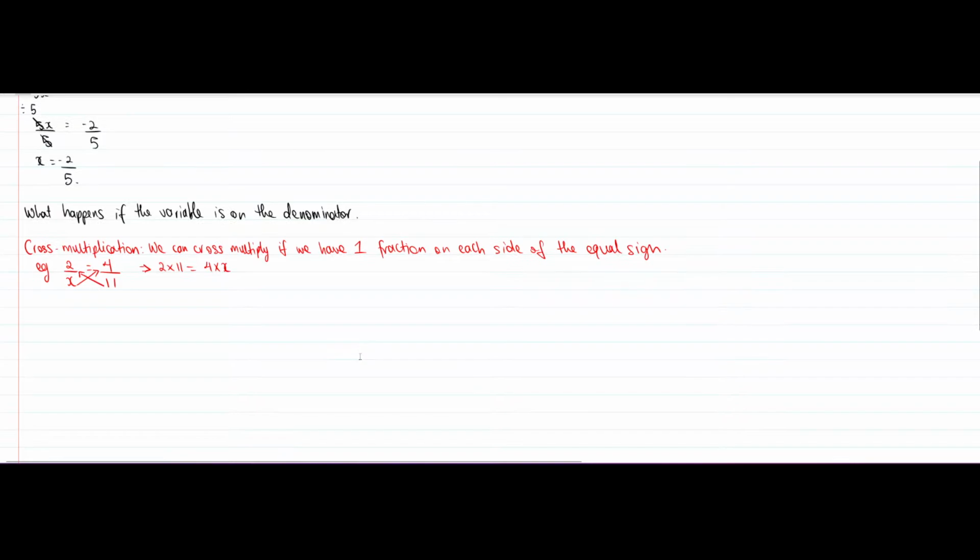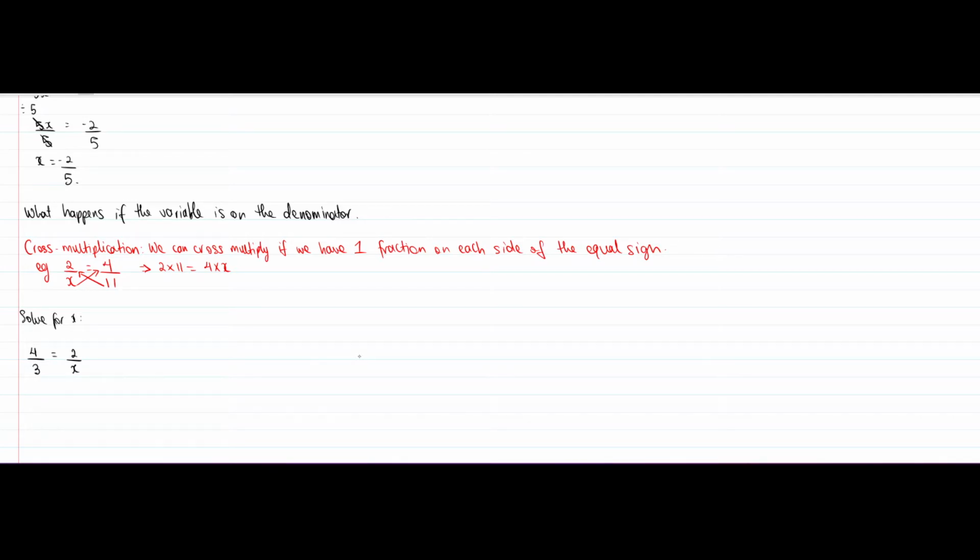So let's perform an example where we have to solve for x. Let me say I have 4 over 3 is equal to 2 over x. First thing I notice is the variable on the denominator. I don't want the variable on the denominator.